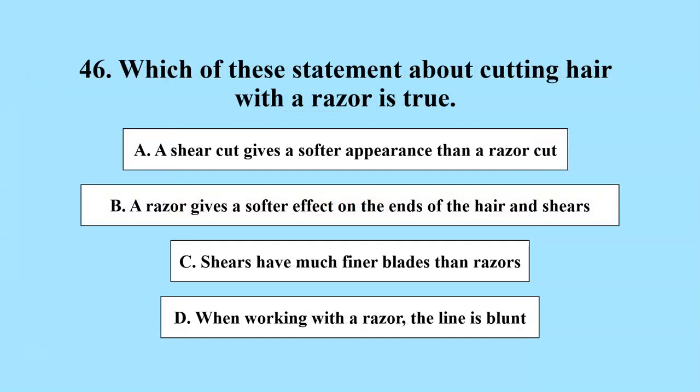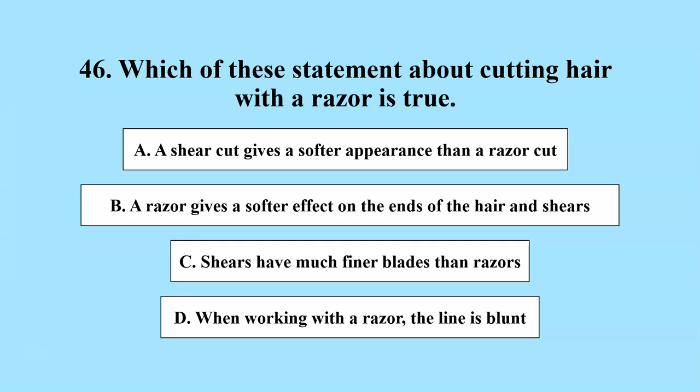Which of these statements about cutting hair with a razor is true? A shear cut gives a softer appearance than a razor cut. A razor gives a softer effect on the ends of the hair than shears.